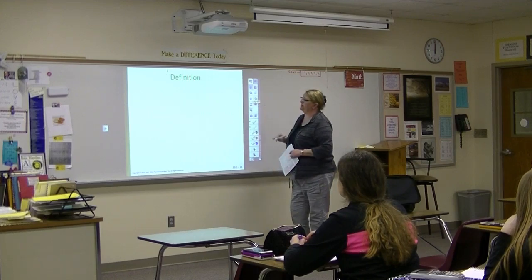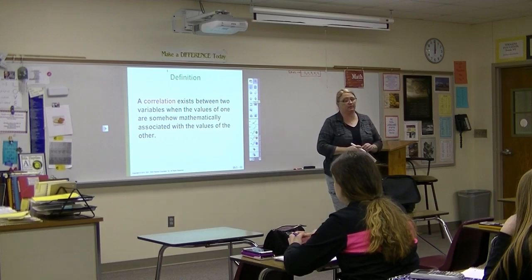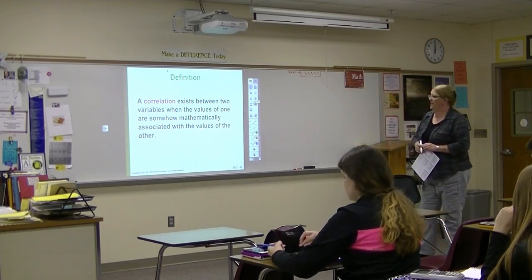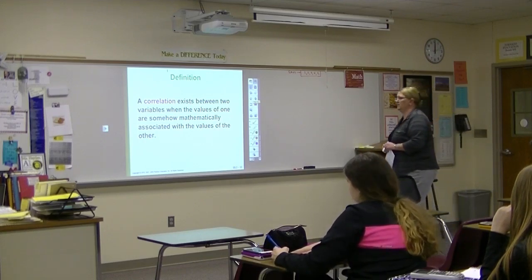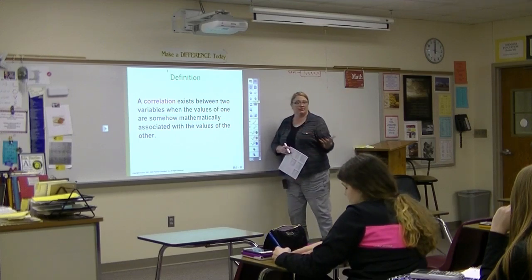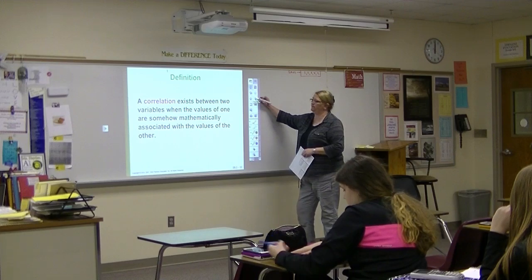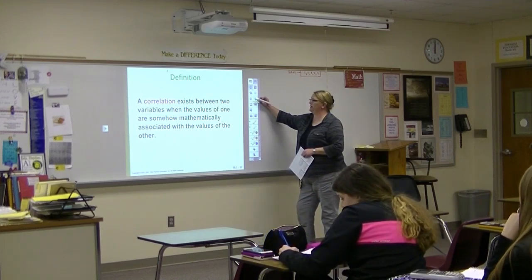So here are your basics. A correlation exists between two variables when the values of one are somehow mathematically associated with the values of the other. As the height goes up, the shoe size goes up. So a correlation: values of one variable somehow mathematically are associated, not affect.